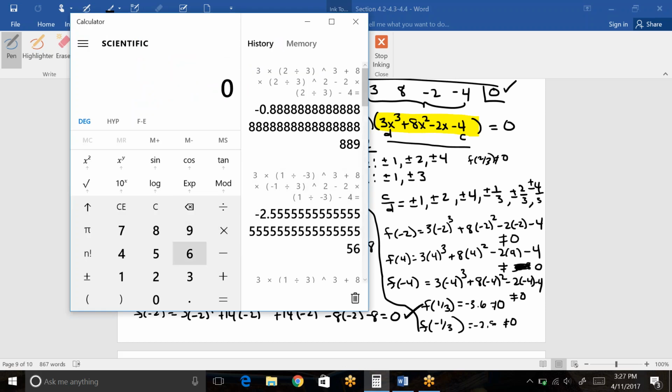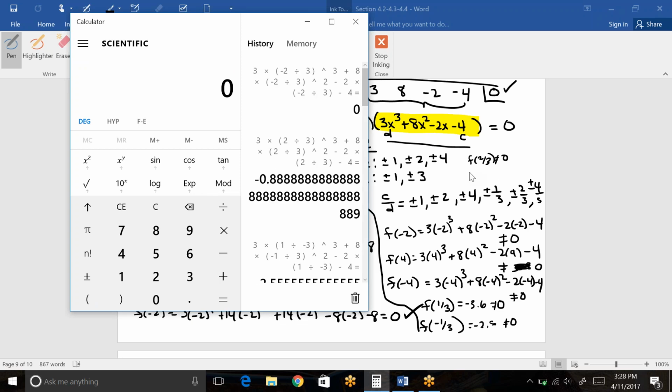Maybe we'll get lucky and won't have to do all of the potentials. So 3 times a negative 2/3 to the third, plus 8 times a negative 2/3 to the second, minus 2 times a negative 2/3, minus 4.